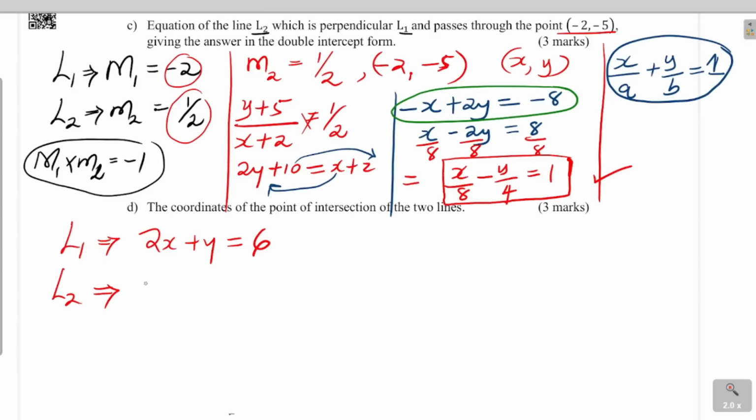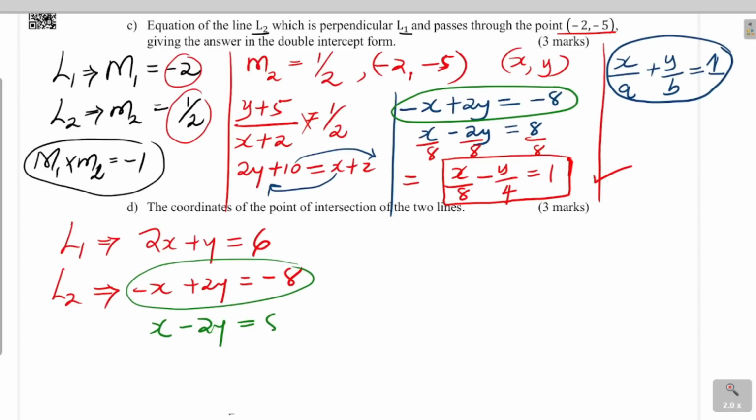So this is negative x plus 2y is equals to negative 8, like that. So all the same, you can multiply each term by negative, so that you have x minus 2y is equals to 8.